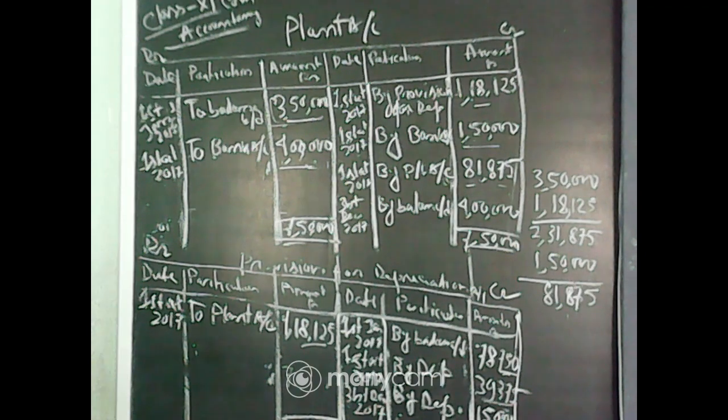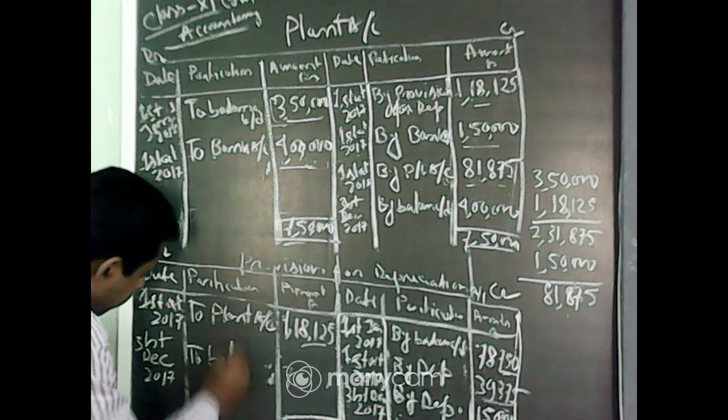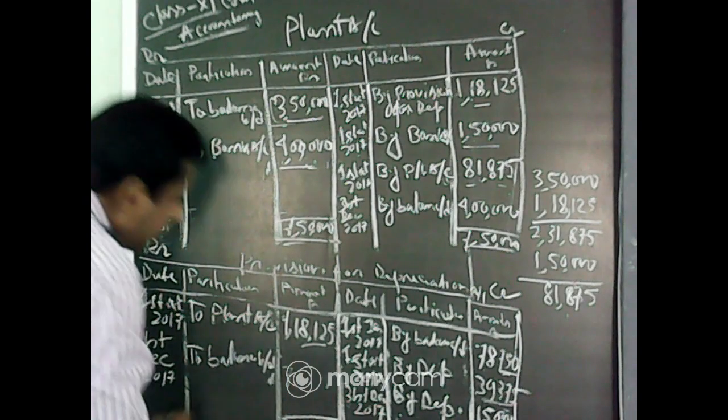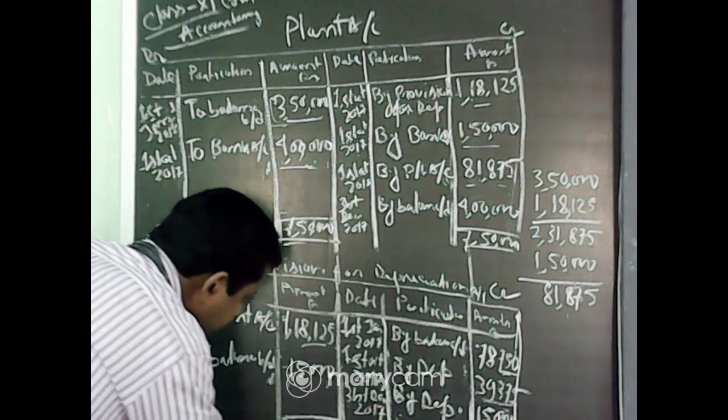So to balance BD, that is 31st December 2017, 15,000 will be transferred to the next year.